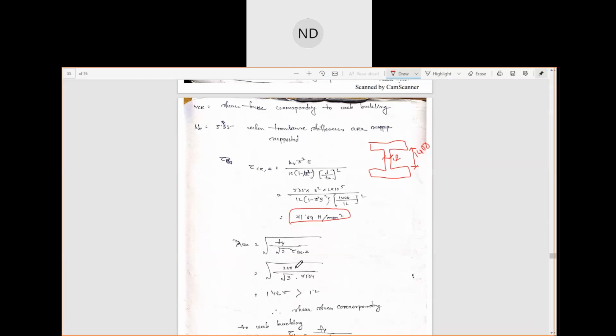So what is our λw value now? λw is the root of fy by root 3 τcr. Fy is 250, and τcr we have calculated to be 71.04. So it is 1.425, which is greater than 1.2.